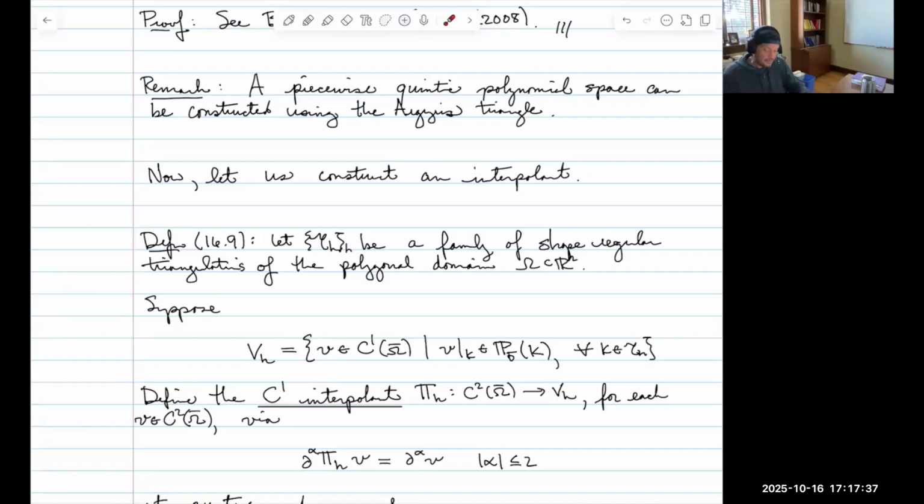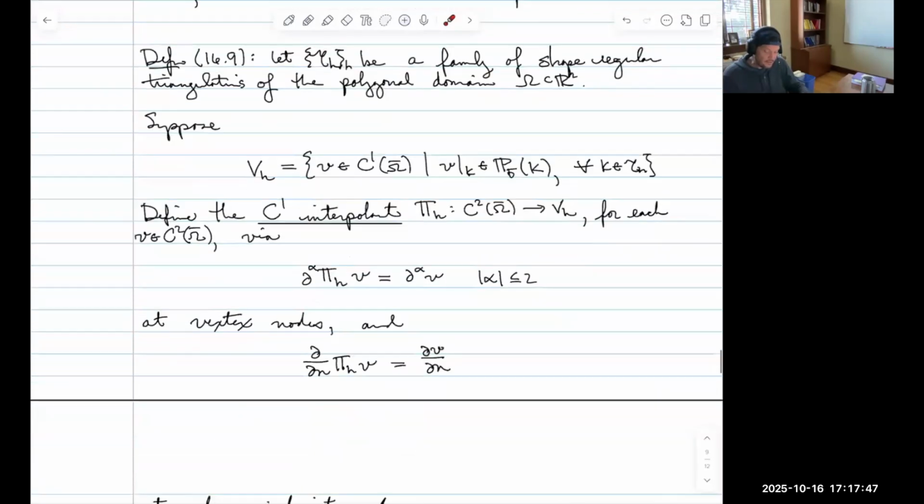So let tau h be a family of shape-regular triangulations of the polygonal domain omega, and suppose that VH is this space, which is globally C1 and piecewise polynomial of degree 5 on each triangle.